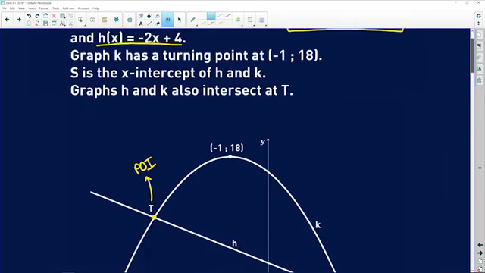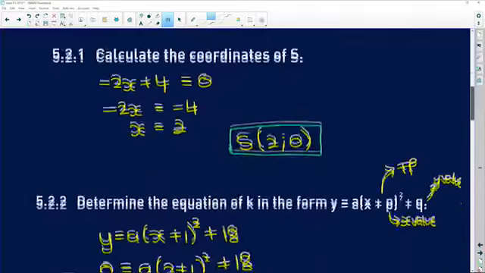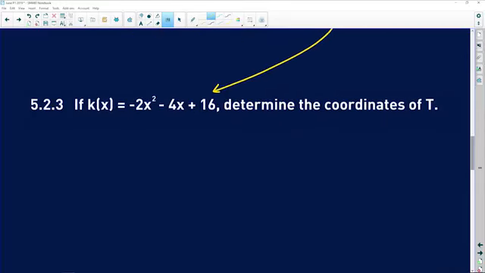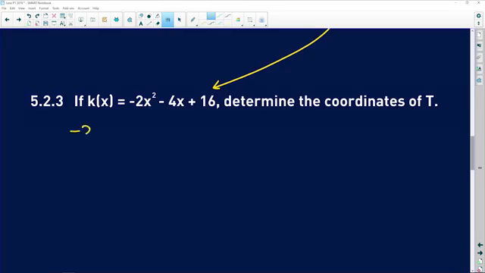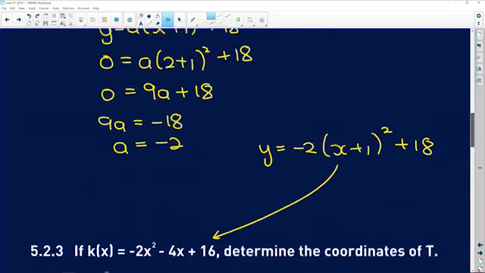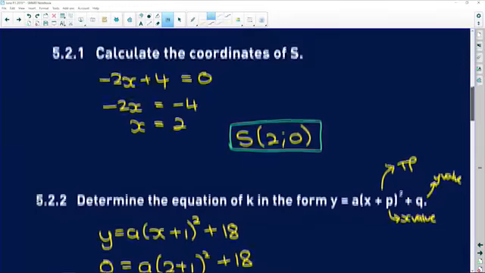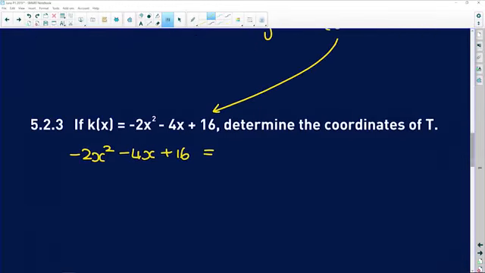So our functions are h and k, so you make k of x equal to h of x. Okay, so easy stuff. They've given you a nice simplified version of k of x. So negative 2x squared minus 4x plus 16 is equal to, and that's the parabola equation, so the straight line equation was negative 2x plus 4.